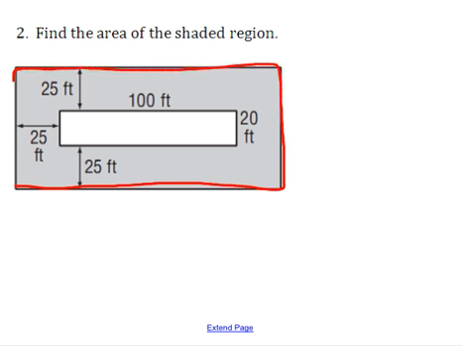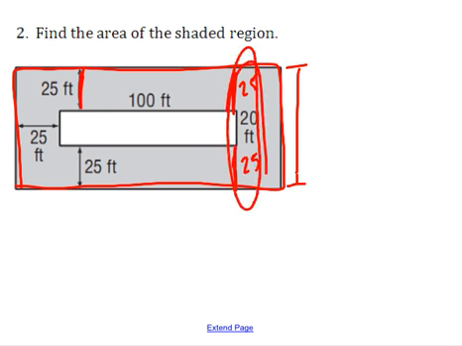So this red one here, I would see top all the way to bottom. Over here, it says 25, so I would put the 25 here, and then it has another 25 on this side. When I add these 3 measurements together, I get 70, so this is going to be 70 feet. And then the 100 has the same thing going on.